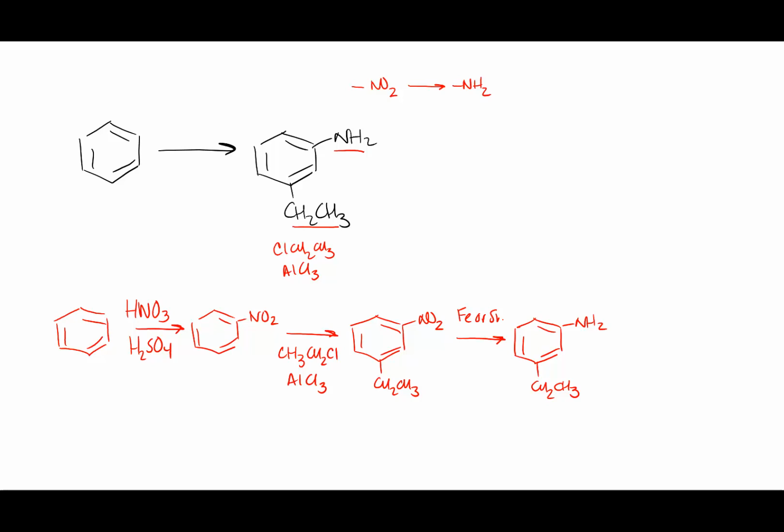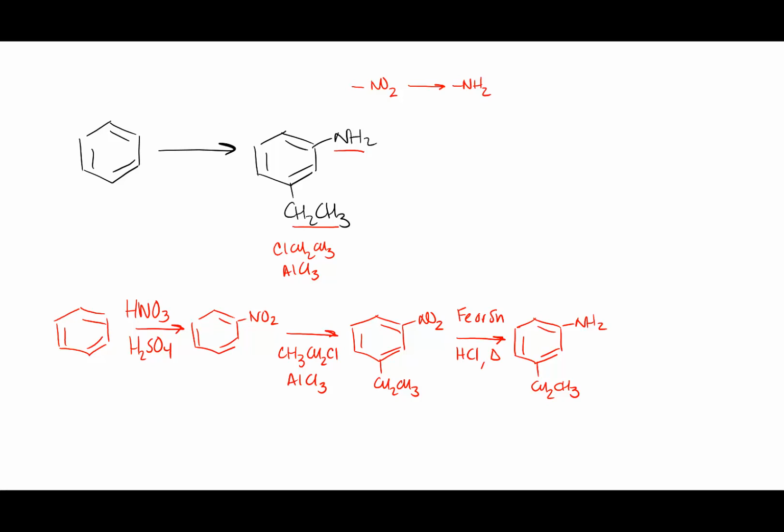Fe or Sn, HCl, and heat. You can work out the synthesis by just showing the steps you're going to accomplish. You do have to go back in and put the reagents, though. You can't just leave the scheme without knowing the reagents.